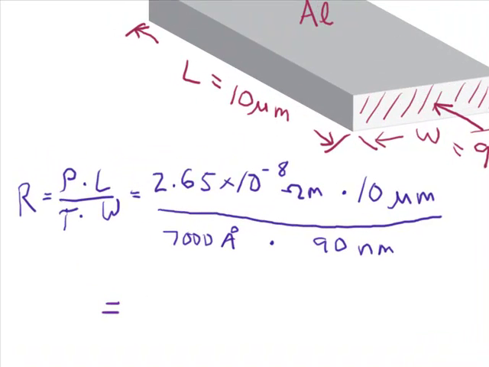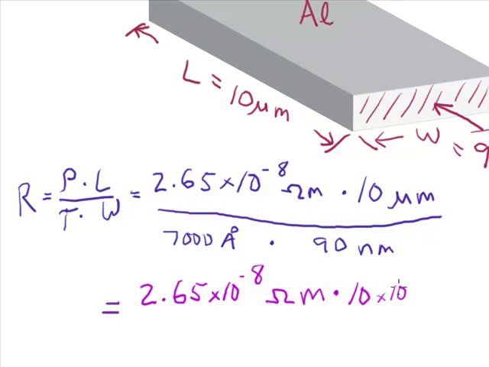So let's look at how that comes out. Now I still have 2.65 times 10 to the minus 8 ohm meters, multiplying by 10 times 10 to the minus 6 meters.